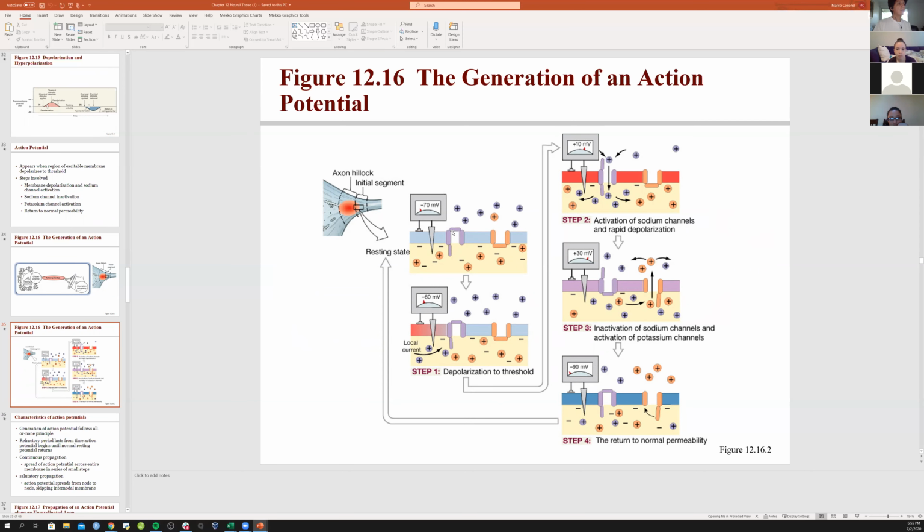But if you reach a particular threshold of about negative 60 millivolts, you're going to open sodium channels. What happens when sodium channels open?